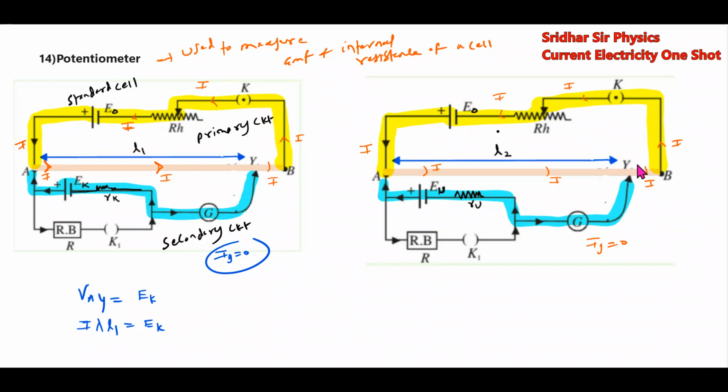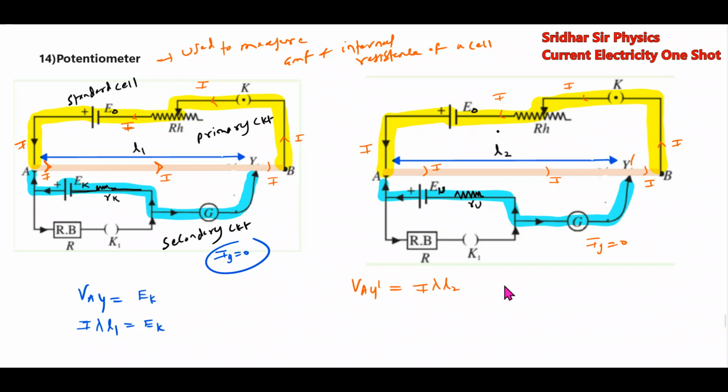Then the drop VAY dash should be equal to I into lambda L2, the current into the resistance of this wire.